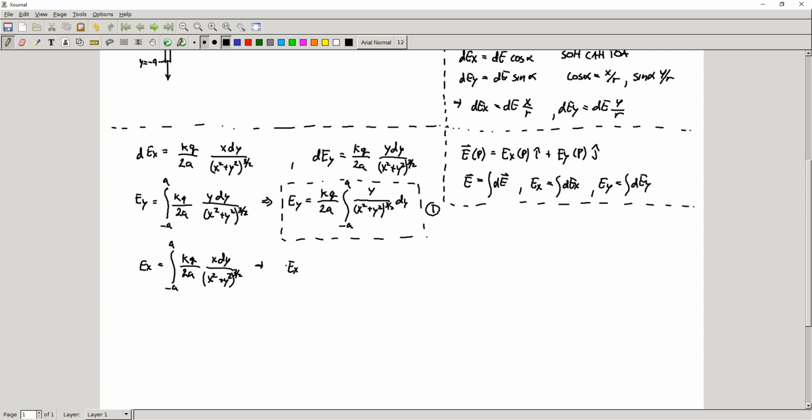So we're going to have Ex is equal to, again, the same prefactor, kq over 2a, but this time we can factor out the x in the upstairs here, so we're going to end up with an x on the outside. And again, we're going from minus a to a, 1 over (x squared plus y squared) to the 3 over 2 dy. Okay, and this is the second integral that we're going to have to calculate.